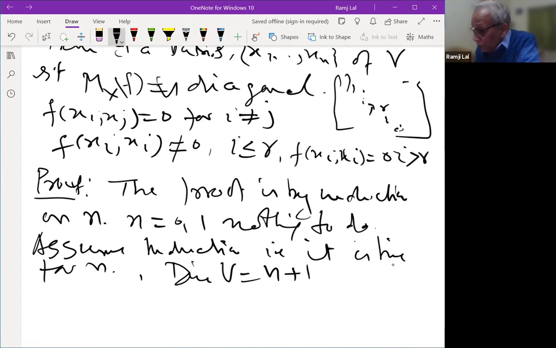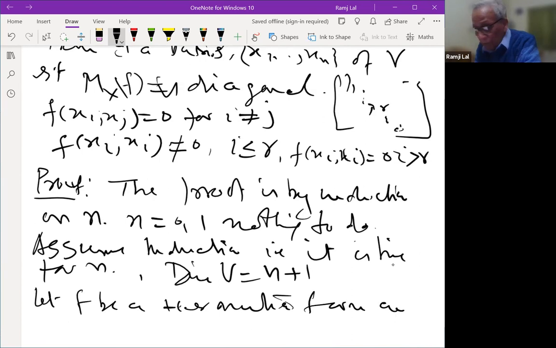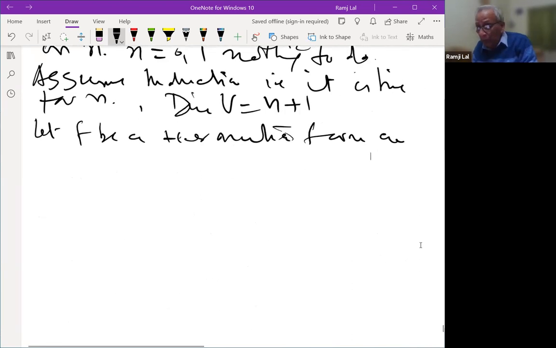So first claim. Let F be a Hermitian form on V. If F is 0, there is nothing to do, as usual.